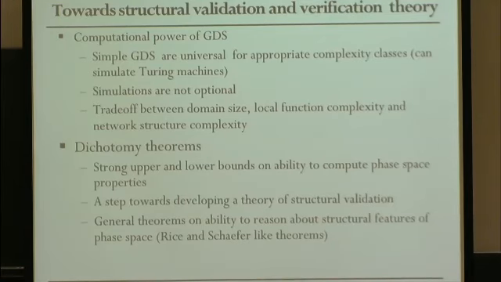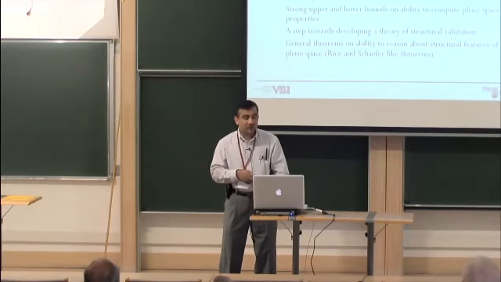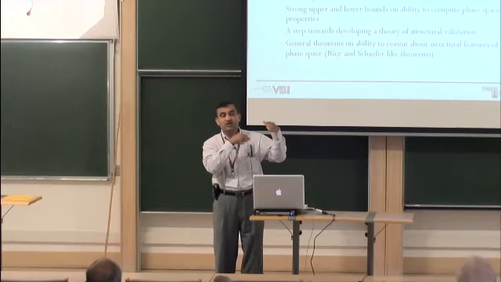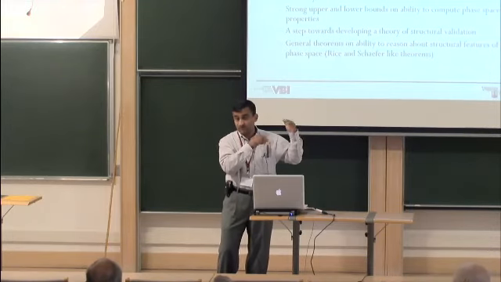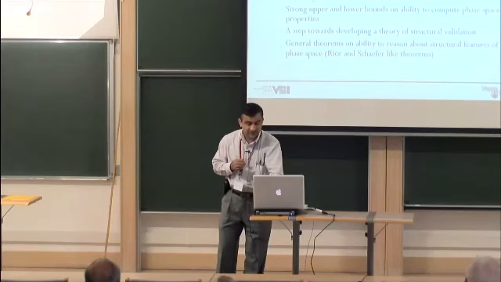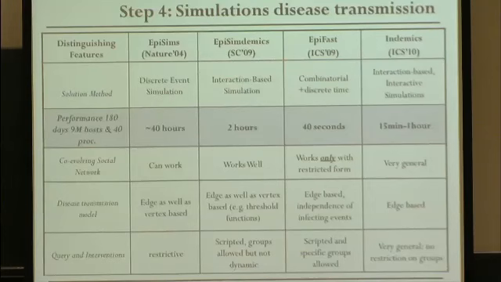They can simulate traditional Turing machines so that you don't lose any modeling power, and then you get what are called dichotomy theorems that give you tight bounds on when problems can be solved easily or are very hard or intractable to solve in a provable manner, using the theory of computational complexity. So I'll go through these steps fast. I just jumped through the individual steps.